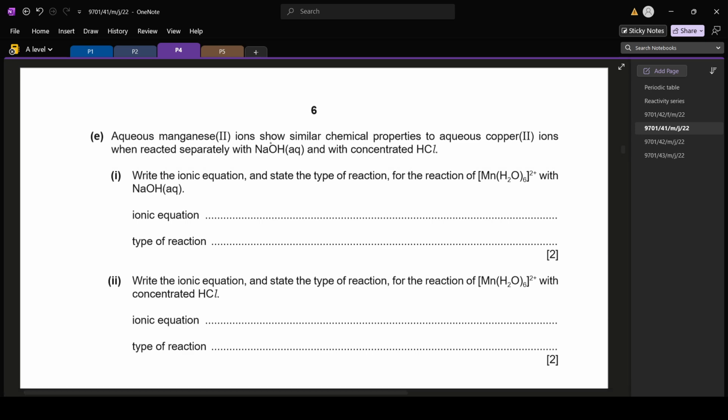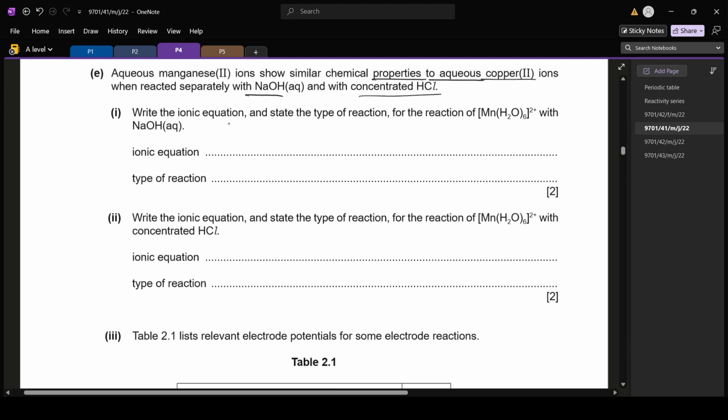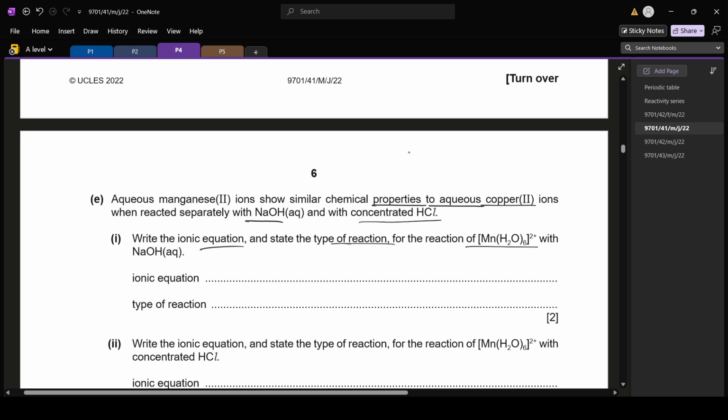Moving towards the next part, part E. Aqueous manganese(II) ions show similar chemical properties to aqueous copper(II) ions when reacted separately with sodium hydroxide and concentrated HCl. Write the ionic equation and state the type of reaction for the reaction of the manganese complex with sodium hydroxide.